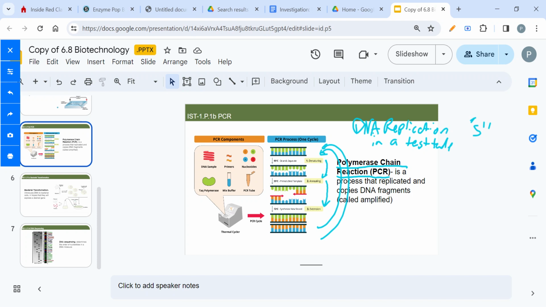Well, watch this. You start off with one sequence of DNA. Now we're going to PCR it. Now we doubled it. Cool. Now we do it again, we double it again, and again, and again, and again. You can probably see what's going to happen here.